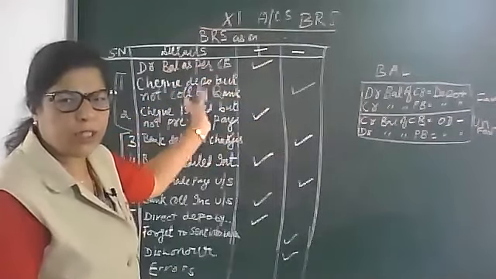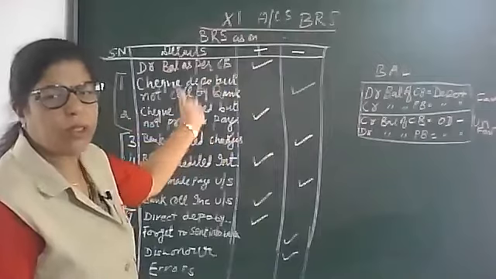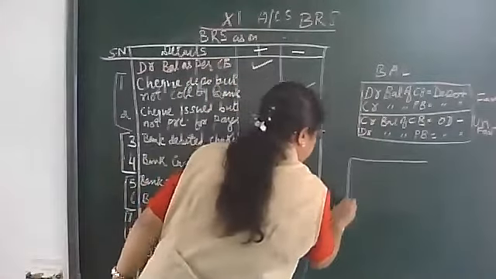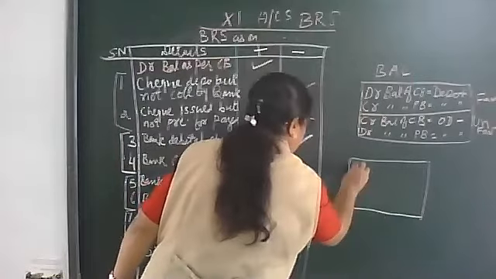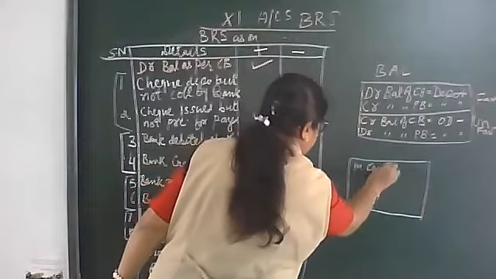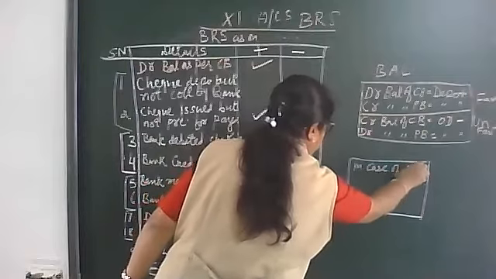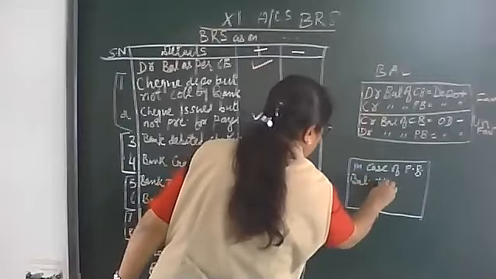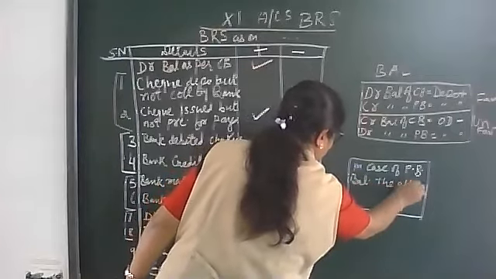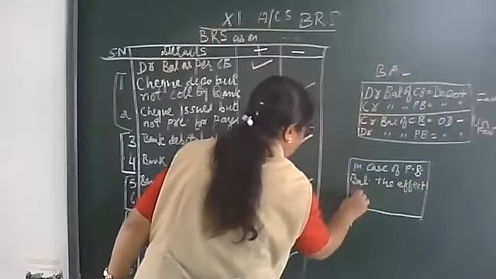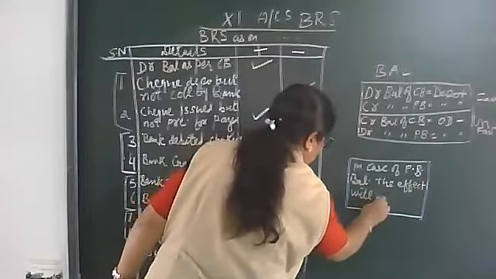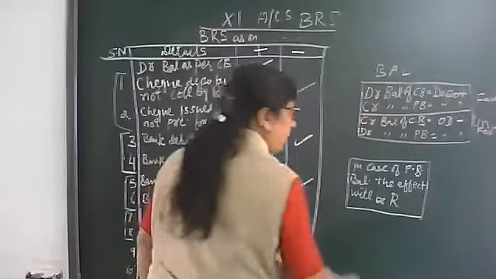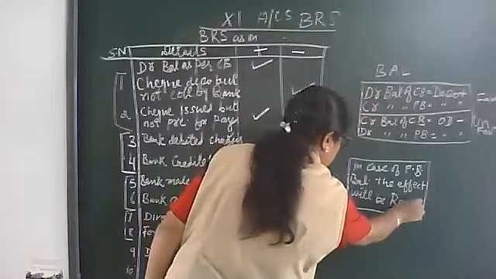Now, if that is the passbook, the effect is reverse. So next table, in case of PB balance, the effect will be reverse.